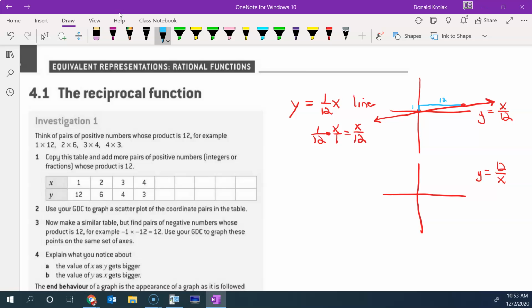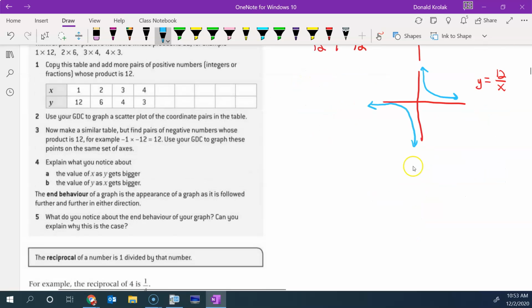Okay, here's the weird part. When you do the reciprocal of a line, it is going to be a hyperbola. It should be a straight line. It's not. Yeah, it's not.